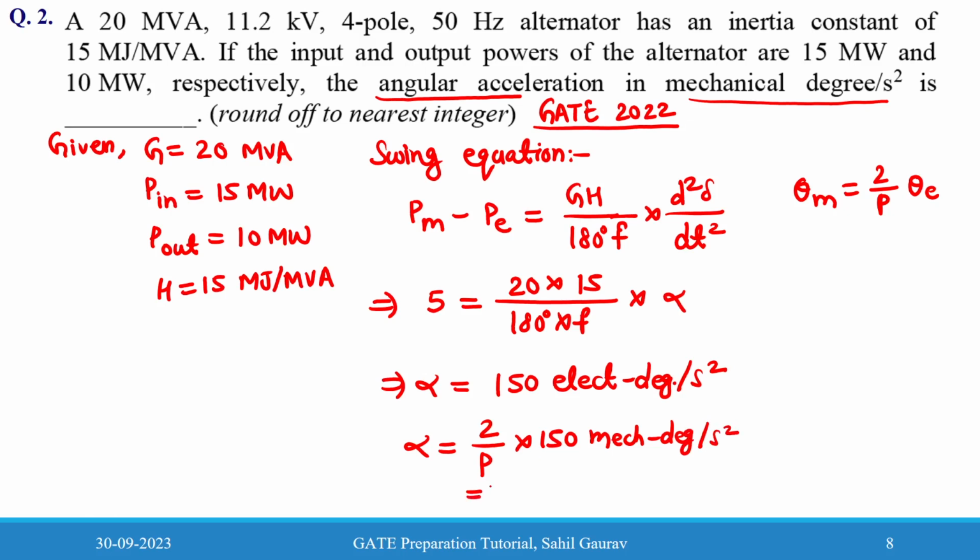So p is given as 4. On substituting p is equal to 4, you will get 75 mechanical degree per second square. So the answer will be 75.